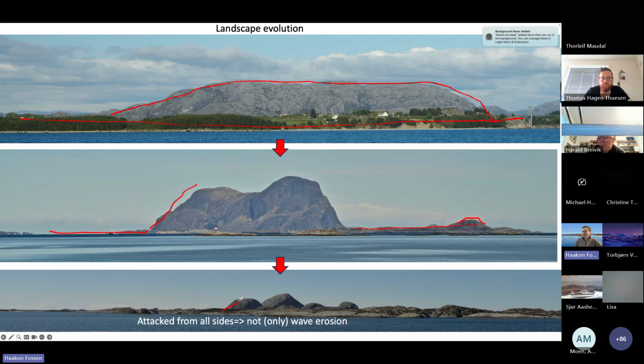And in this case here, we have just small remnants of these rocks. So I think this is like progressive evolution, and I think these were being attacked from all sides, at the same time more or less, and that helps explain why the strandflat is so wide.